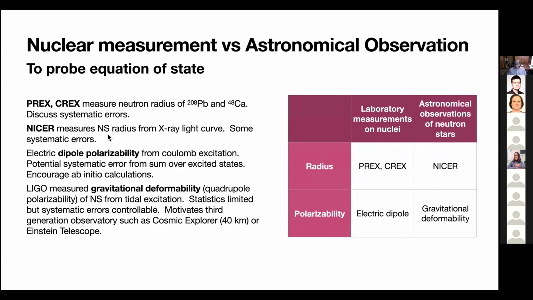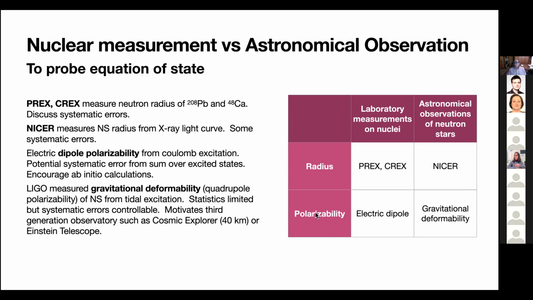NICER determines the X-ray light curve and infers the neutron star radius by looking at the curvature of space near the neutron star. I'll say a little more about that in a second. So those are radius measurements.